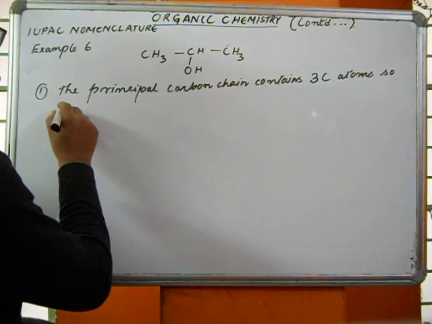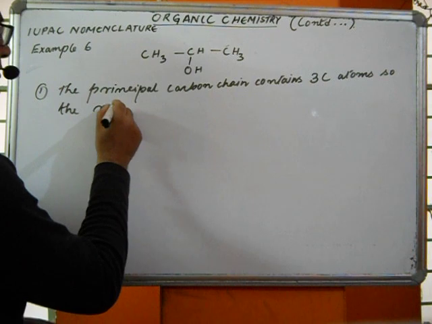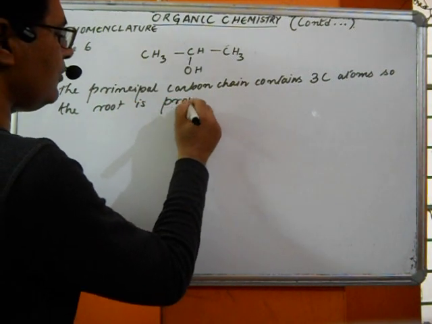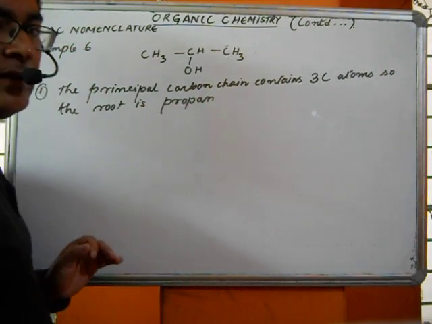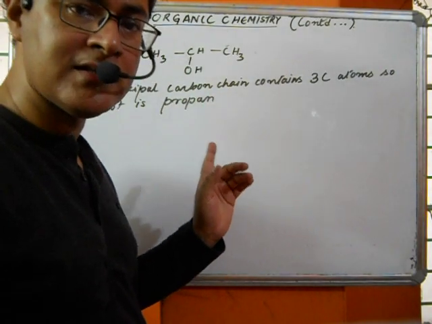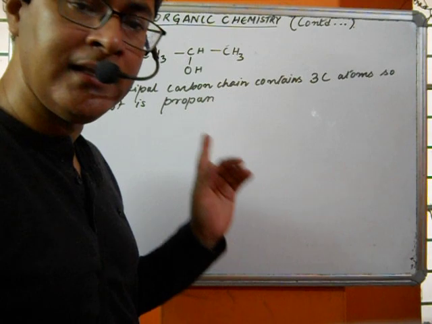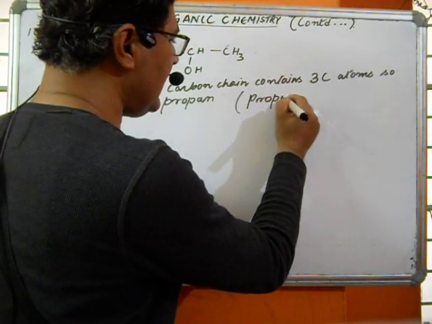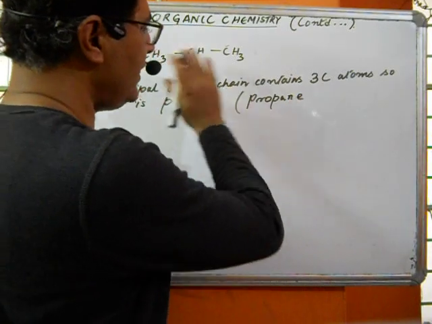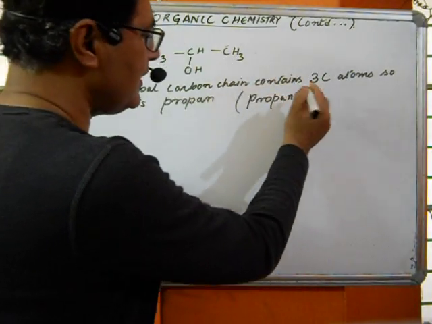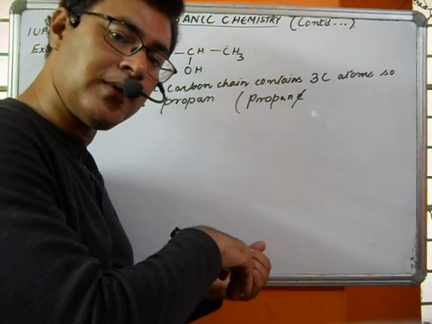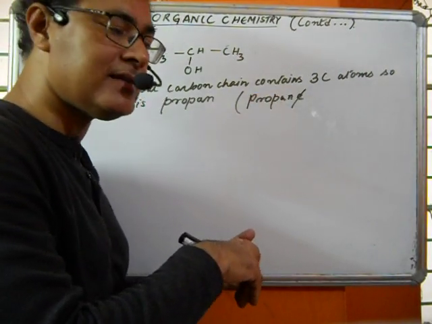So the root is propane, P-R-O-P-A-N. See, the original compound was P-R-O-P-A-N-E. Whenever you are naming the functional groups, the E is removed, the last alphabet is removed, and the functional group comes and takes its place.